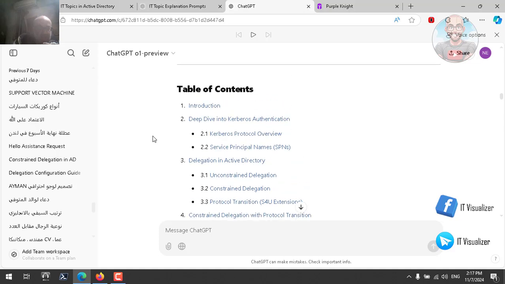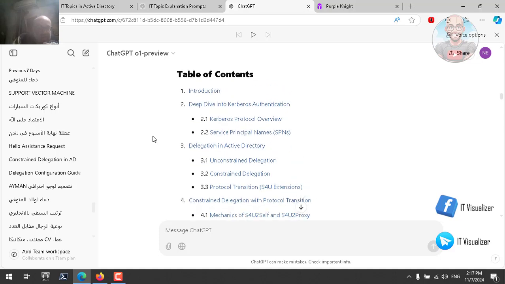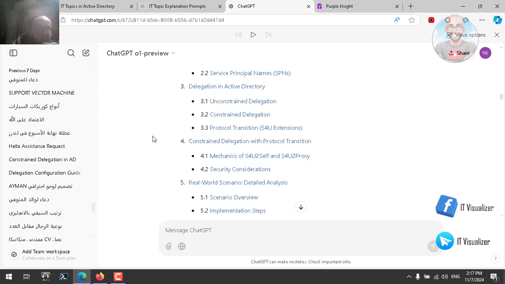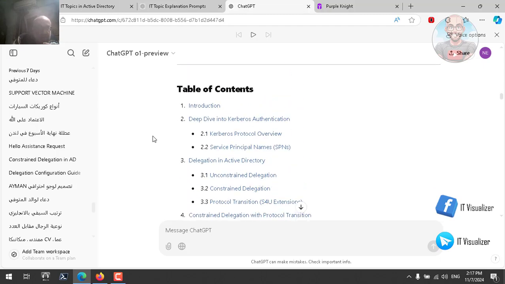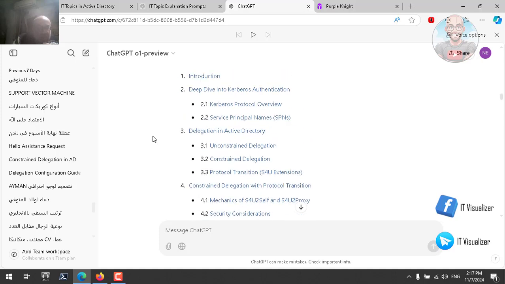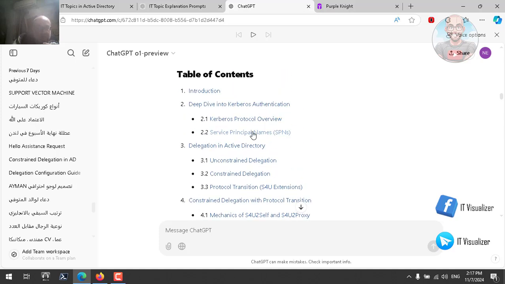So we can see here we have a table of contents, and he's doing a more complicated answer. We have the introduction, the Kerberos overview, service principal names, delegation in Active Directory: unconstrained, constrained, and protocol transition.